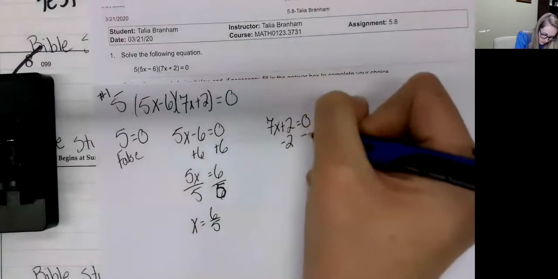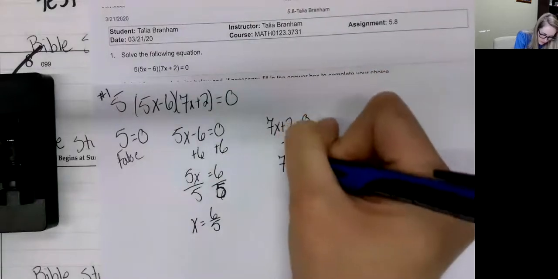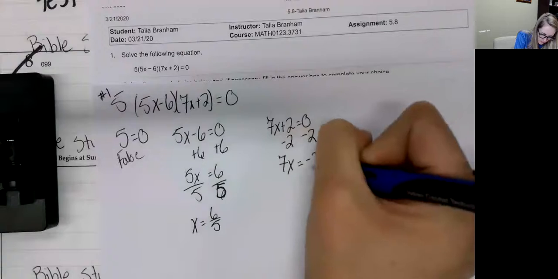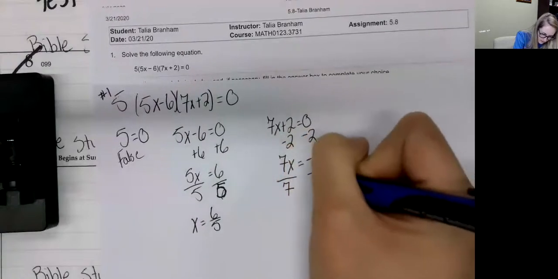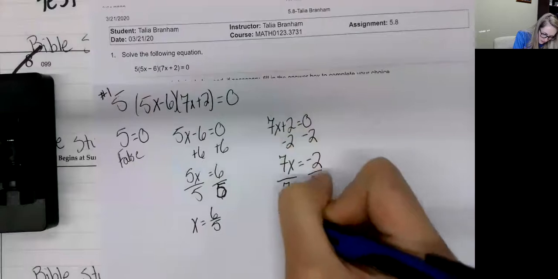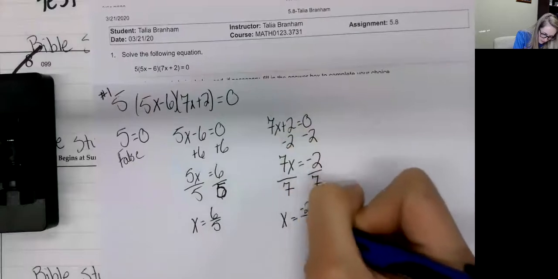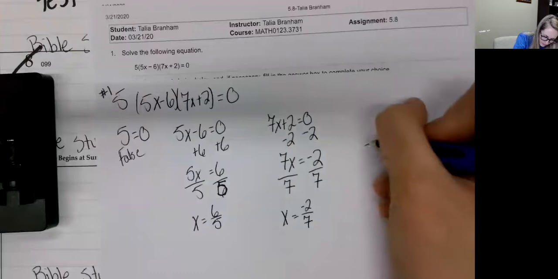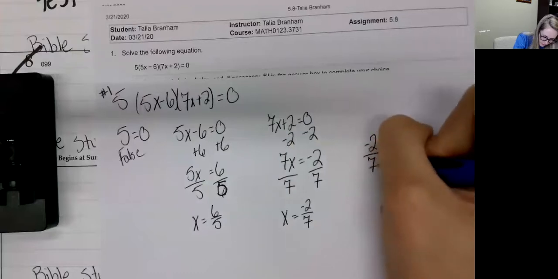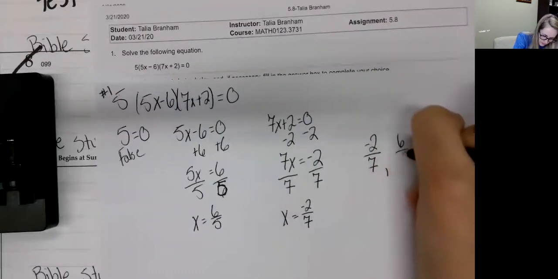Subtract 2 here, so 7x equals -2. Then we would divide by 7. So x equals -2/7. So our solution set would be -2/7 and 6/5.